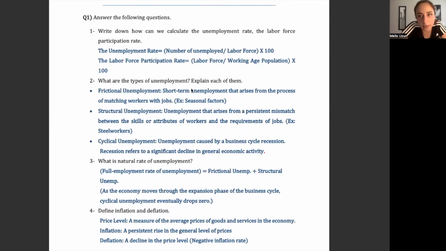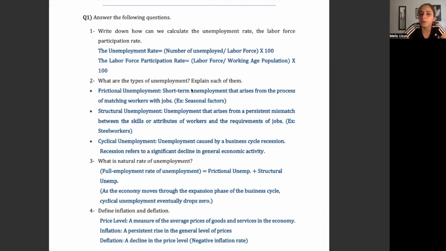The second option asks us what are the types of unemployment. So we have three types of unemployment. The first one is frictional unemployment. It is short-term unemployment that arises from the process of matching workers with jobs. For example, if I quit my job to find a better job, it is frictional unemployment. And the second type of unemployment is structural unemployment.